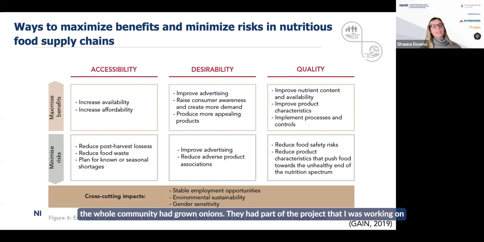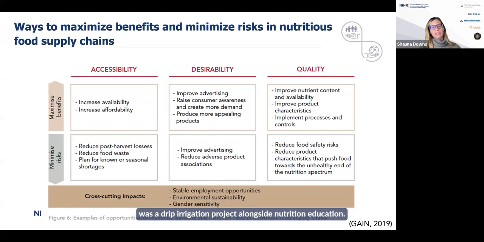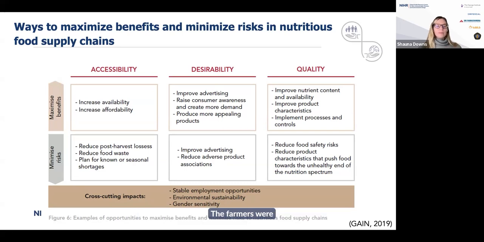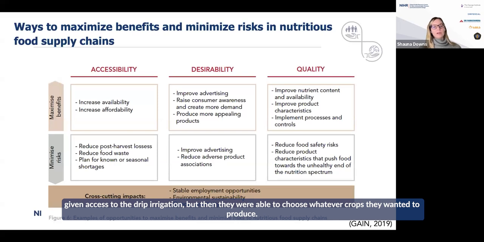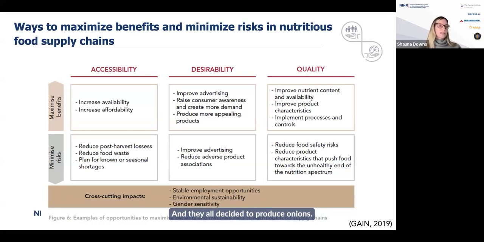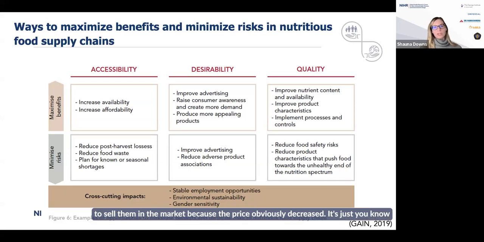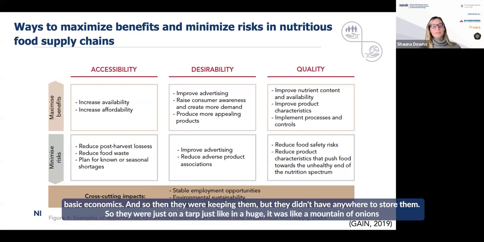Part of the project that I was working on was a drip irrigation project alongside nutrition education. And the farmers were given access to the drip irrigation, but then they were able to choose whatever crops they wanted to produce. And they all decided to produce onions. But then there were so many onions. And so then they didn't want to sell them in the market because the price obviously decreased. It's just basic economics.